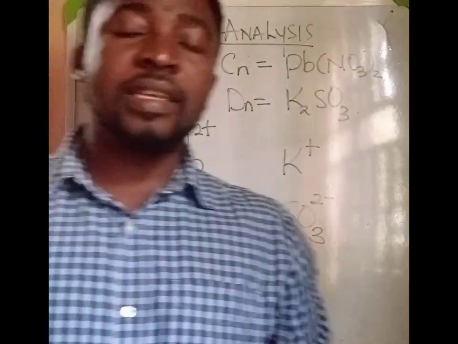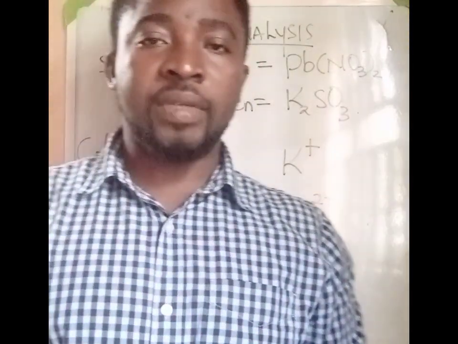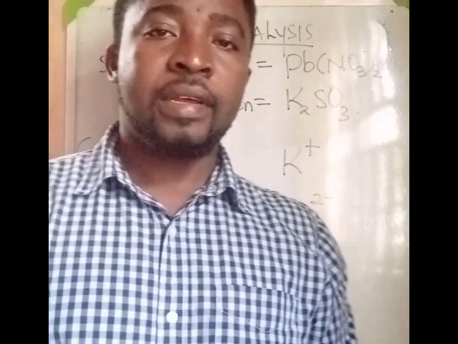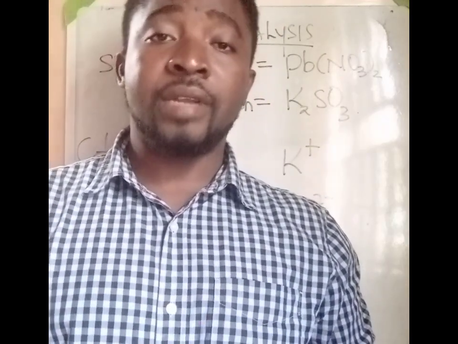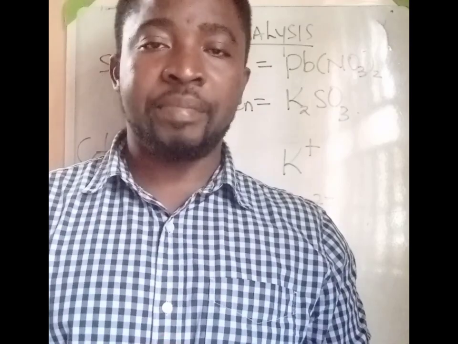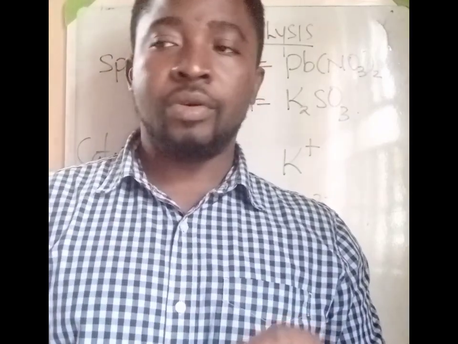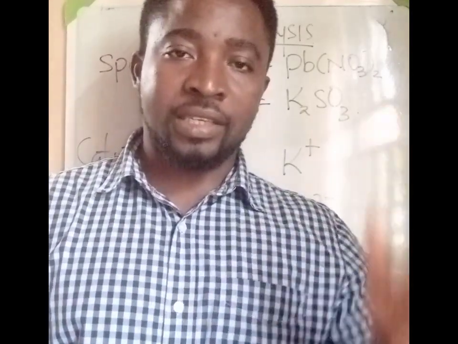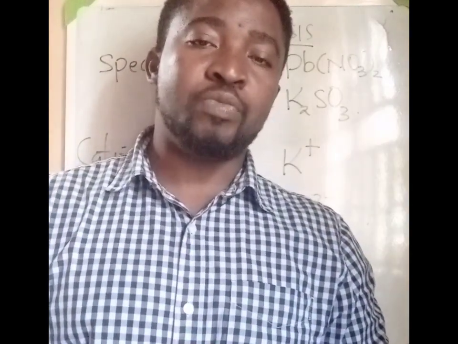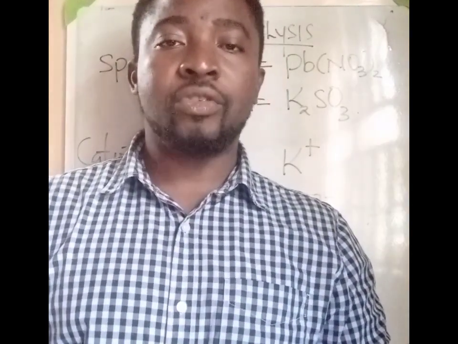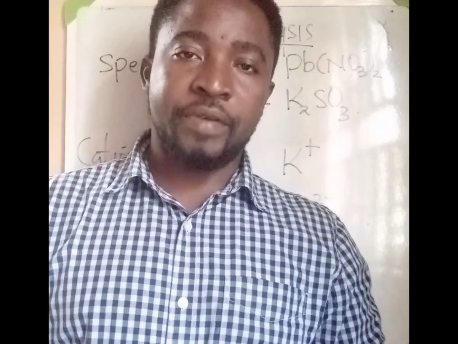So a tentative observation table will be posted shortly for you to see the tests. Now remember that this is NECO examination, so they might likely give you the table with the test already given. That's the test to be carried out. Then you as a student will be the one to write down your observations and the inferences.